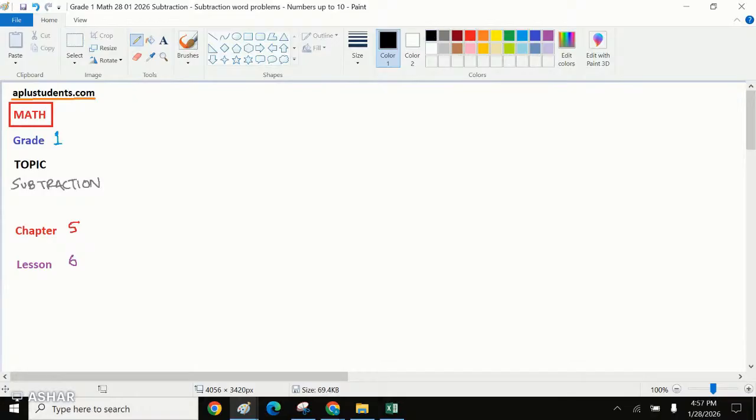The name of the lesson is subtraction word problems. And the subtopic is word problems with numbers up to 10. Okay, so let's go to the website.